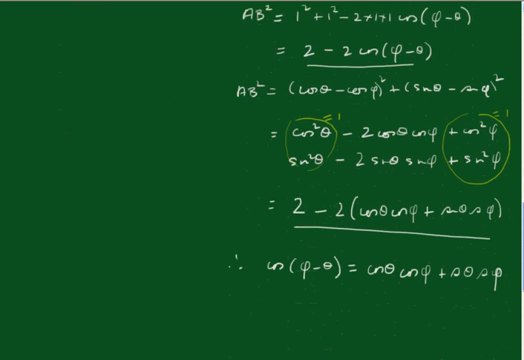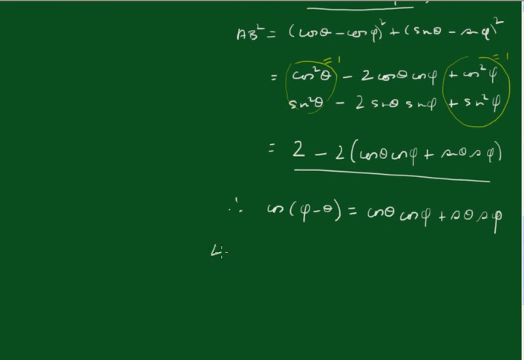Right, now to get the next one, we're going to let phi equal minus phi, sorry, minus theta. Now, putting the minus in, the cos of theta plus phi equals the cos of minus theta cos phi plus the sine of minus theta sine of phi.